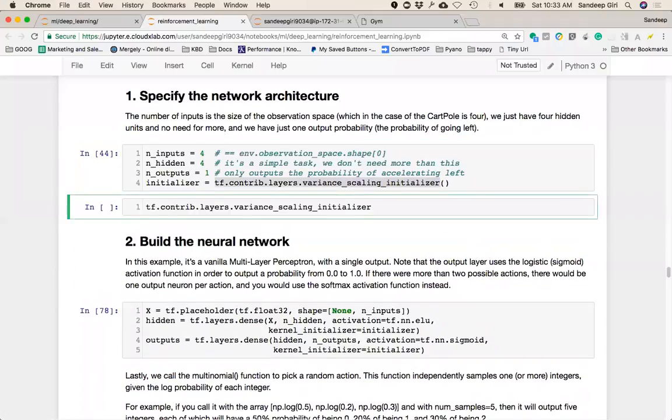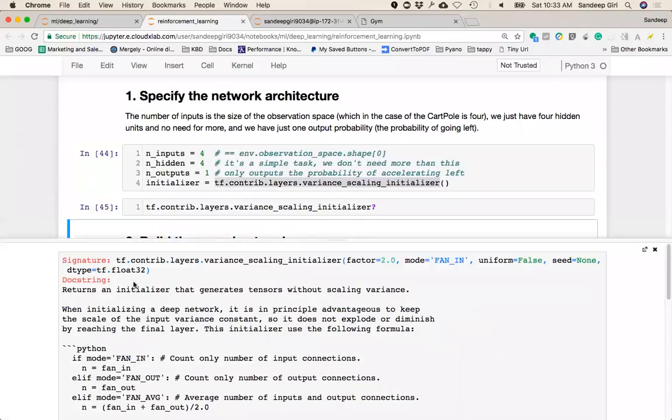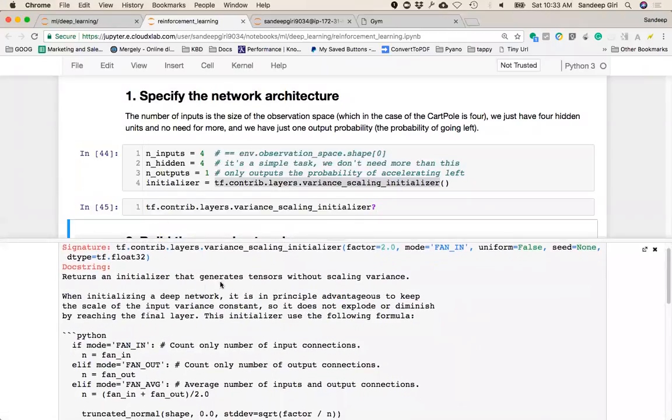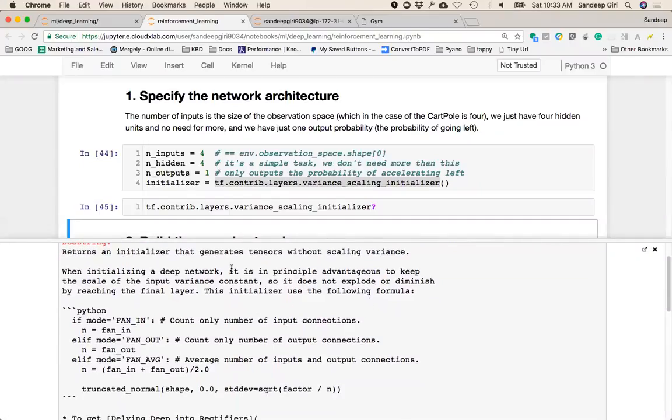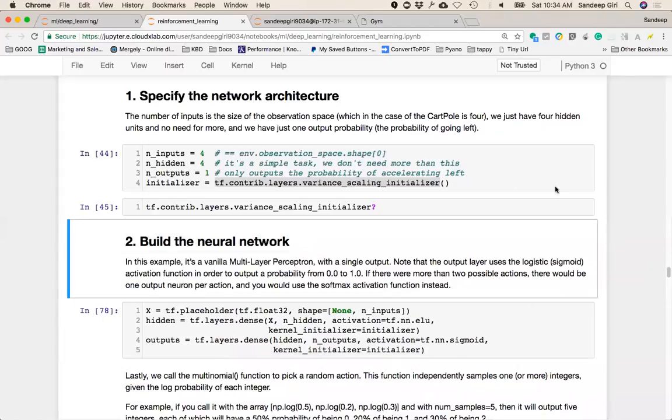Put a question mark and press command enter. It returns an initializer that generates tensors without scaling variance. So it essentially generates random numbers which are scaled so they are not too high or too low. That's what it means.